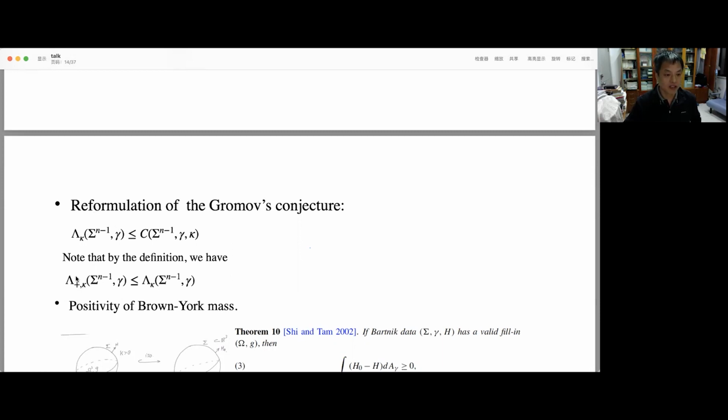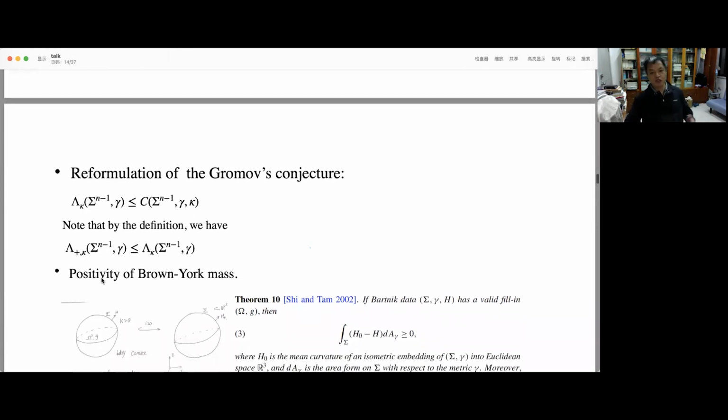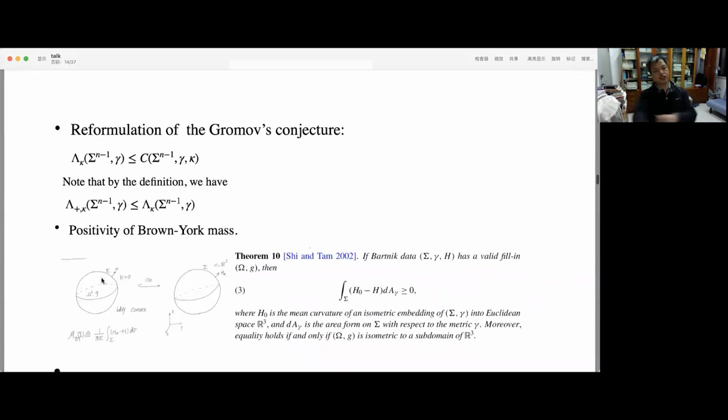To my knowledge, there are very few results on this. We only have some results on the upper bound of lambda kappa or lambda plus kappa. Now, let me show you some of them. The first result, I think, is from the positivity of Brown-York mass. Actually, it is easy to see that the positivity of Brown-York mass, when n equals 3, the surface case, is a necessary condition for these triples to have a non-negative scalar curvature fill-in, but it is far from sufficient.